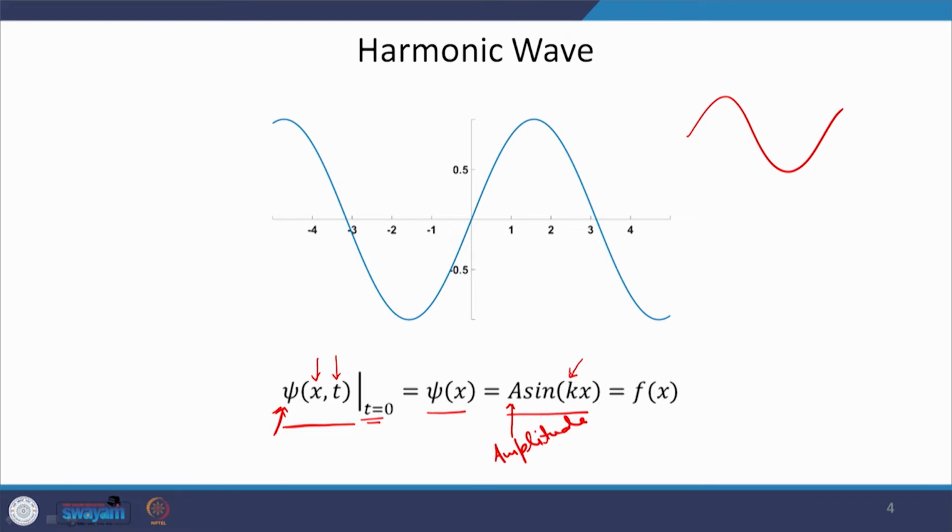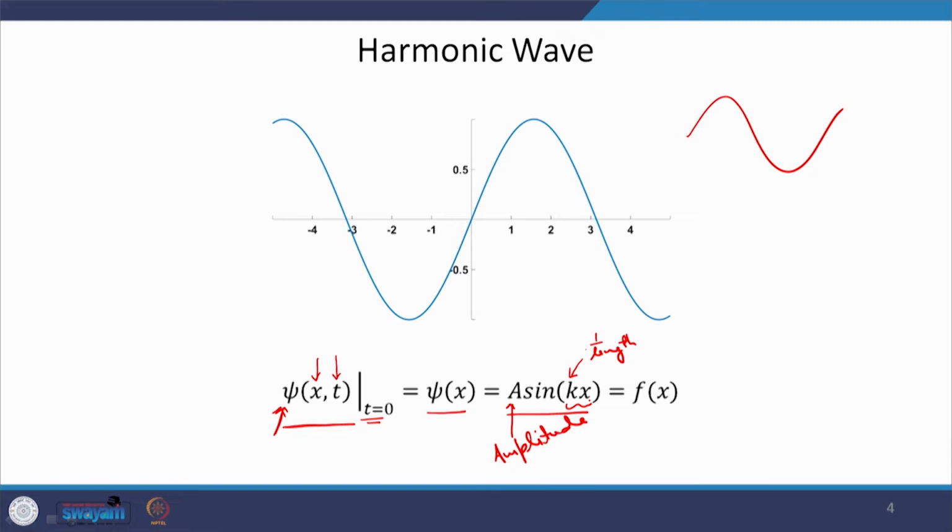You will have to make it dimensionless. And how to make x dimensionless? You will have to multiply x with 1 by length unit. Therefore, k will have unit of 1 by length, and this makes kx a dimensionless quantity, and once it is dimensionless, we can easily take sine of this quantity.